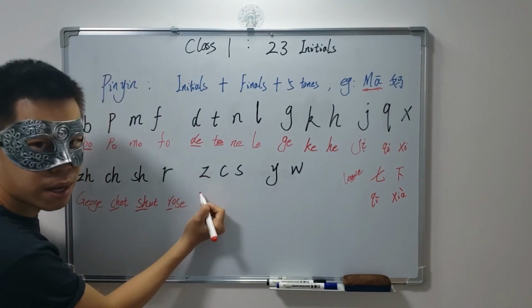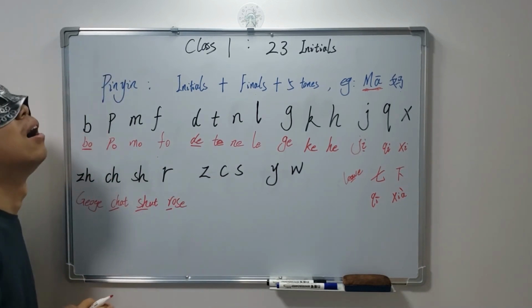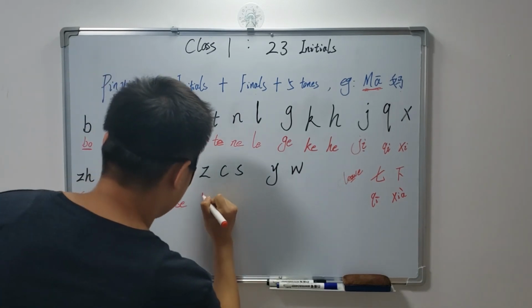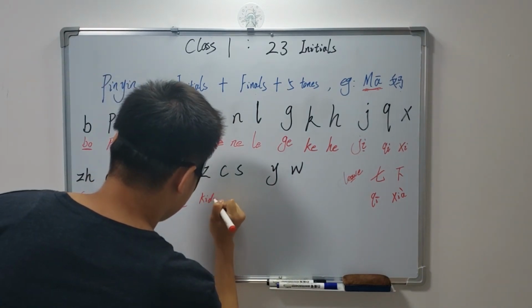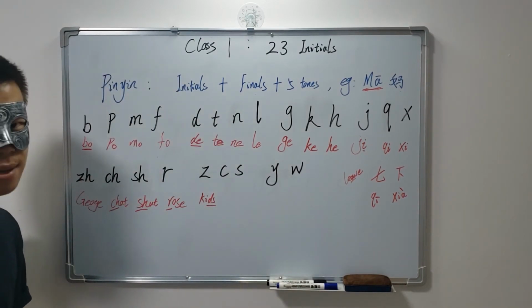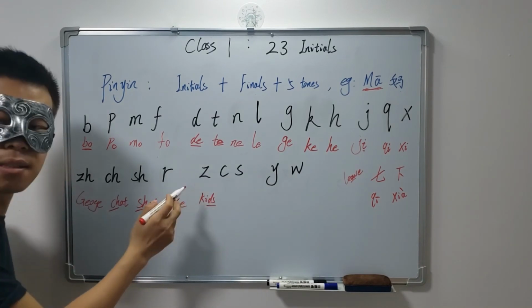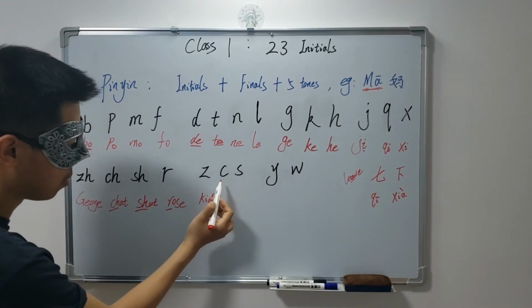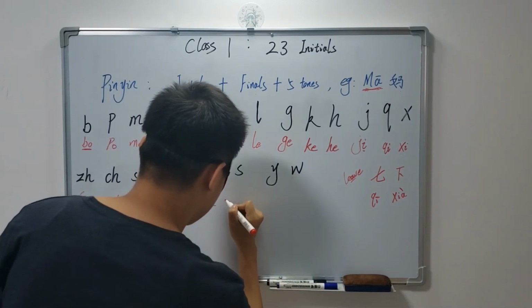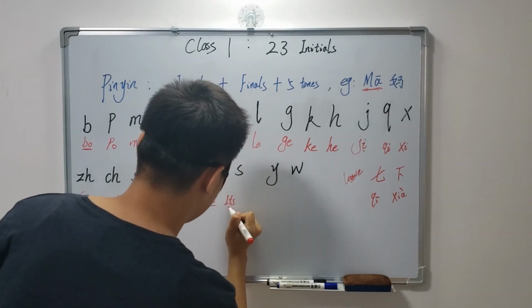Okay, this one is Z. It's like the English word kids. It's the same pronunciation. Z. Okay. The following one is c, like it's.